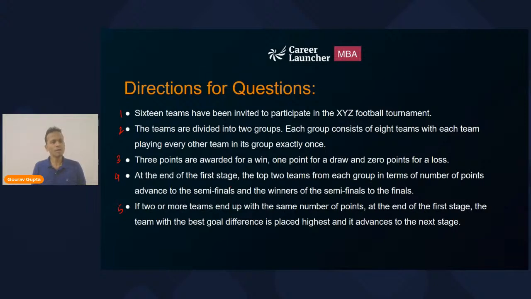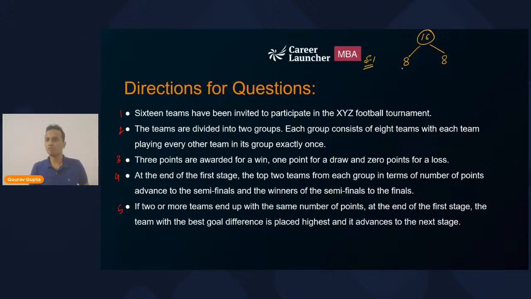Now, point number 4. I'll give you the blueprint of what is happening here. We have a total of 16 teams. Look at the top of your screen. We have a total of 16 teams at the beginning of this tournament. Now, in stage one, these 16 teams are divided into 2 groups, and each group has 8 teams.